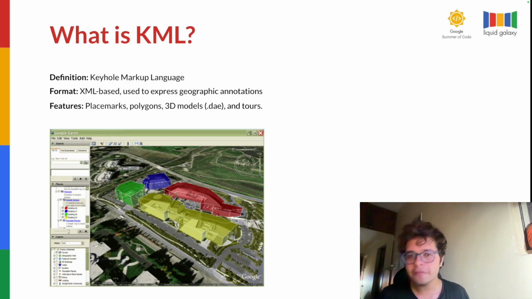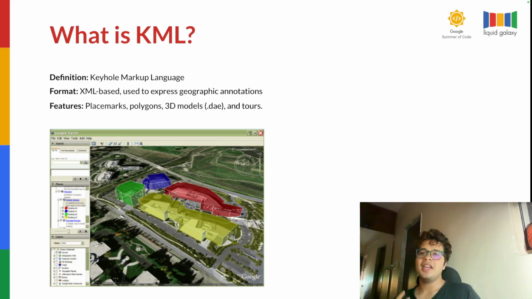So instead of designing web pages in HTML, we are describing things on the globe, like location, shapes, camera positions, and even 3D objects for that matter, because again, it is something to do with the dimensions, right? So in the image, you can see there are those 4 colored polygons. They basically are KMLs. Now they have been drawn, but they have been processed programmatically, if that makes sense.